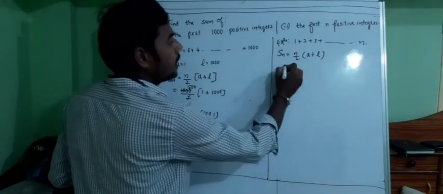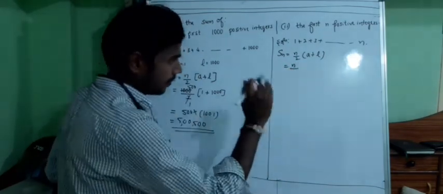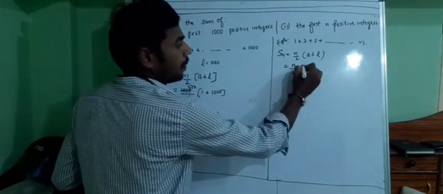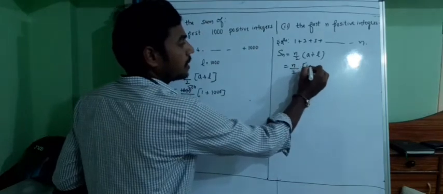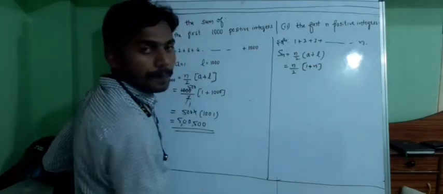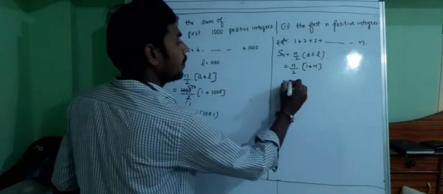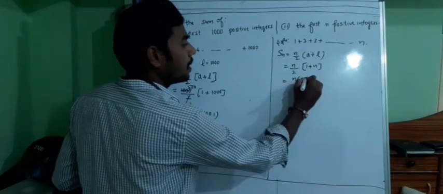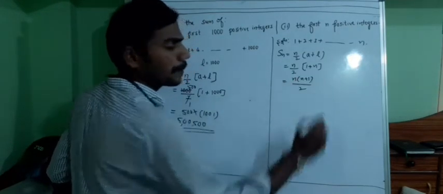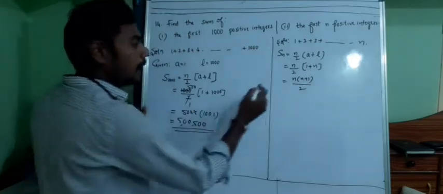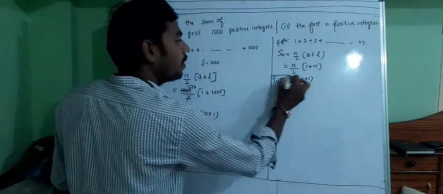So what is n? n is n only, the last term. a is 1, l is n. So this will be equal to n into n plus 1 divided by 2. That's it. See how this formula is going to be helpful.